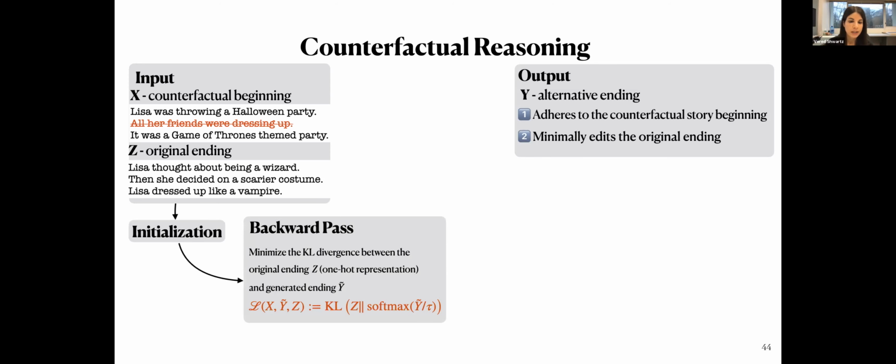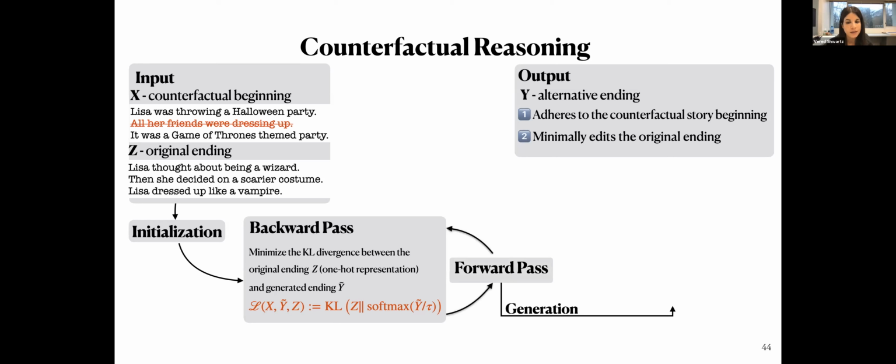The future constraint here is that we want the representation of Z, the original ending, to be as similar as possible to that of Y, the alternative ending. That's a minimal edits requirement. So we do so by minimizing the KL divergence between the one-hot representation of Z and the soft representation of the generated ending, Y tilde.